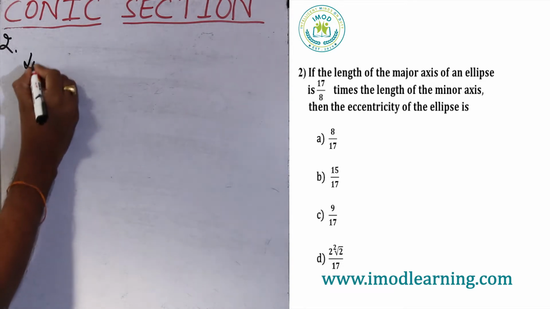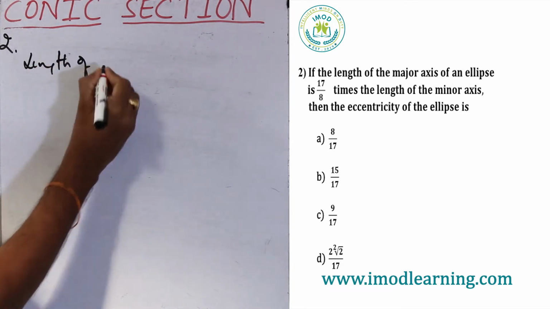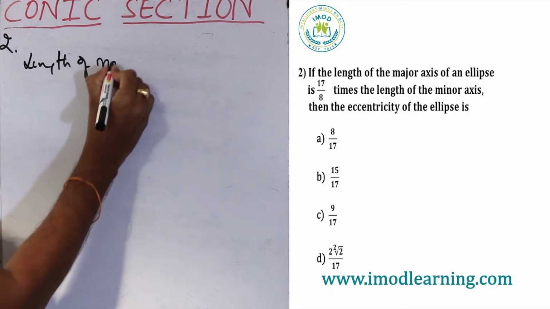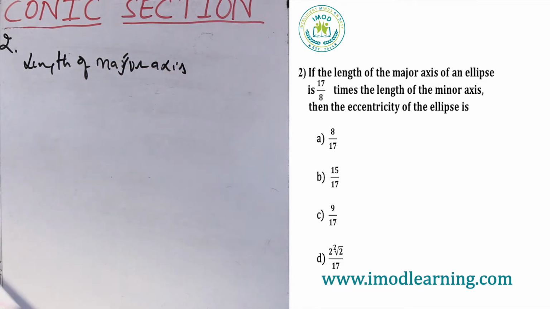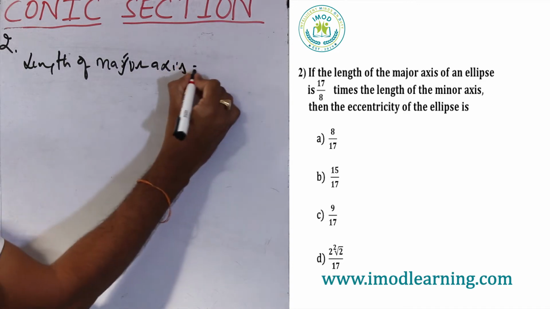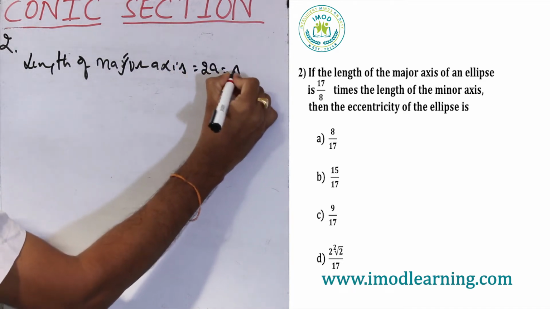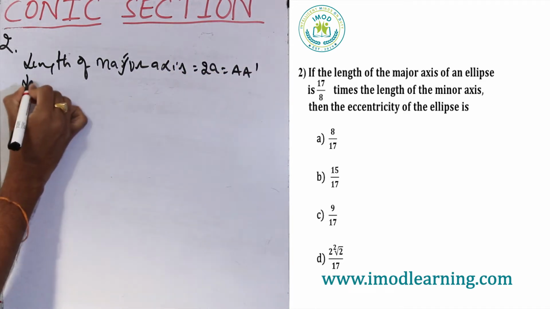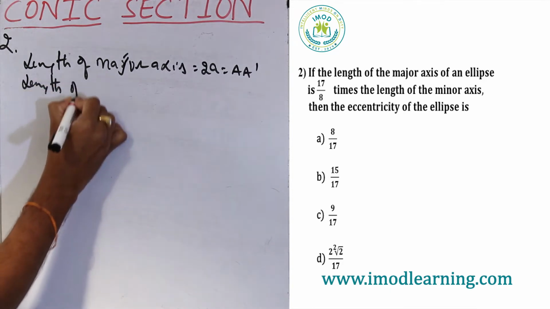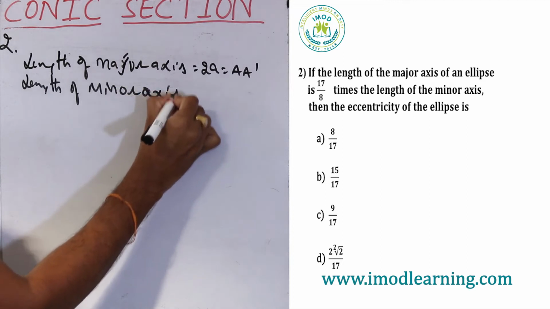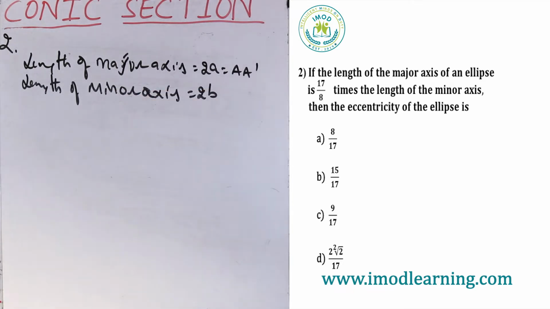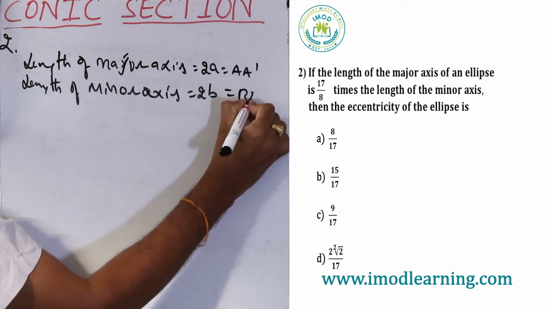Length of the major axis is equal to 2a, I call it a into a dash. Similarly, length of the minor axis is equal to 2b, I call it b into b dash.